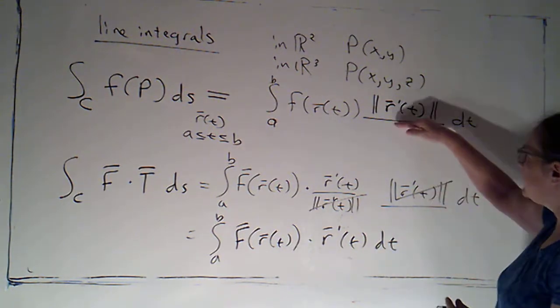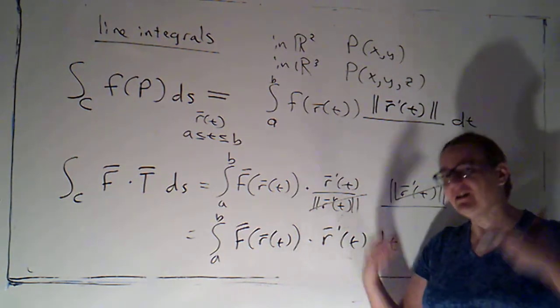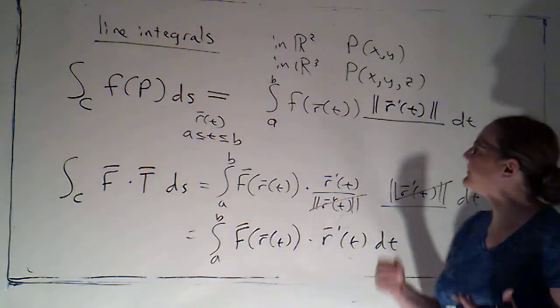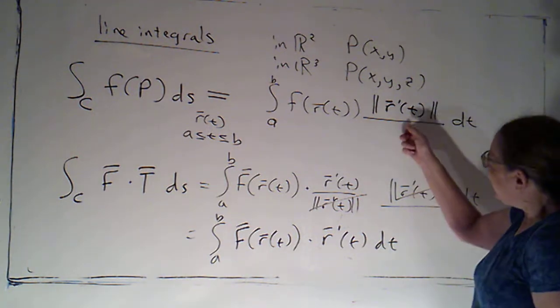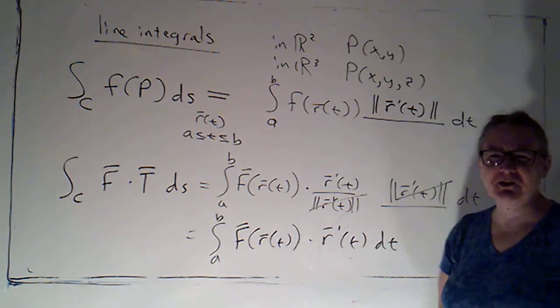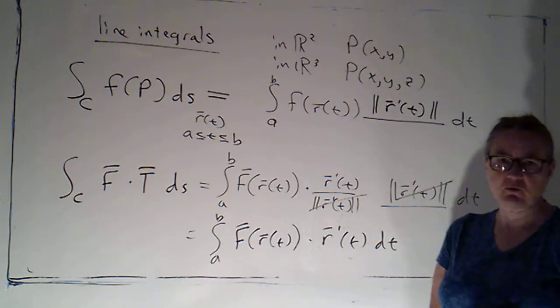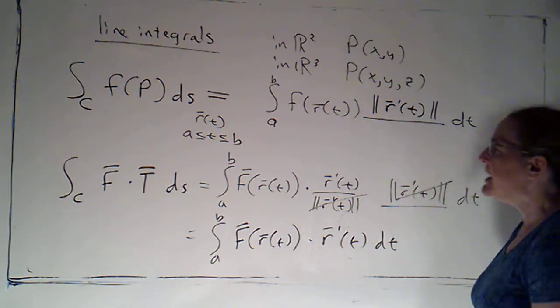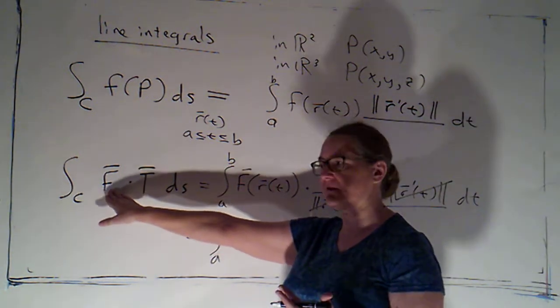And that scaling factor, since it's a magnitude, it's the square root of the component derivatives squared. That sometimes makes the integral a little bit complicated. Really nice to see it canceling out when we're doing a work integral. Now I'm referring to this as a work integral. That's what this represents if F is a force field.